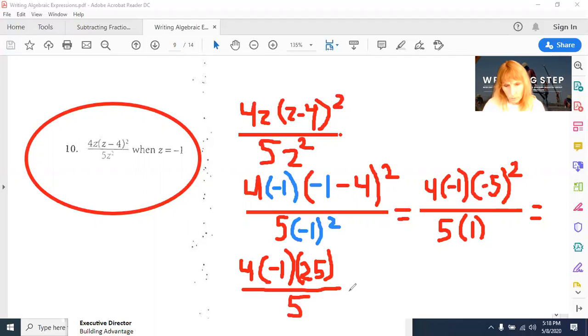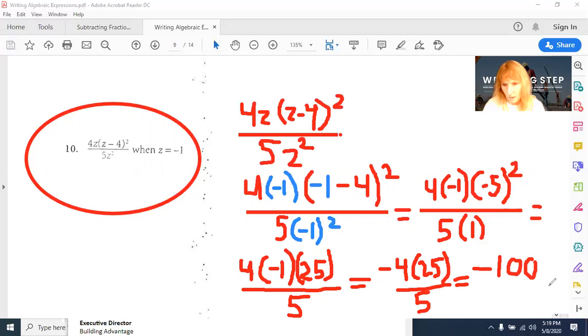So let's finish what we got. 4 times -1 is -4. And that's times 25. That one you should be able to figure out because there are 4 quarters in $1, so 4 25s in 100. So now, negative, -4 times 25 is going to give you -100 all over 5.